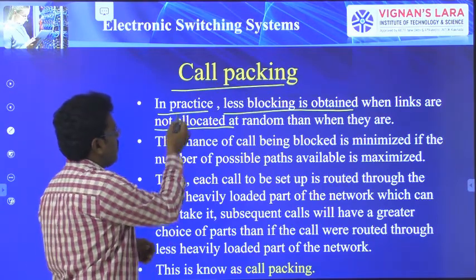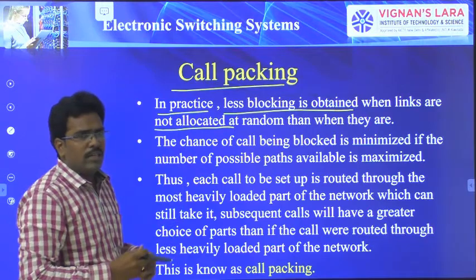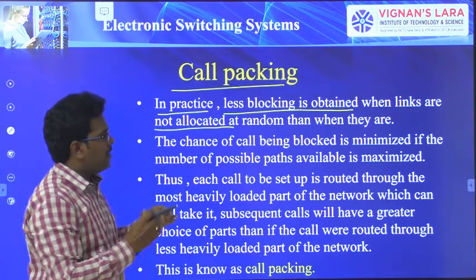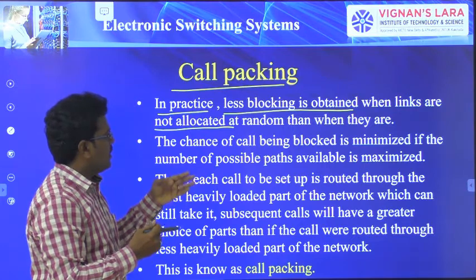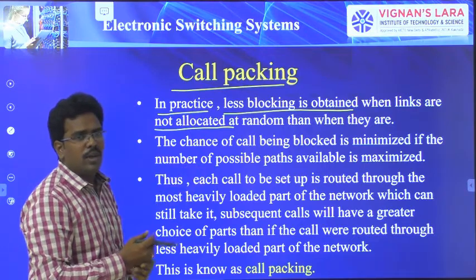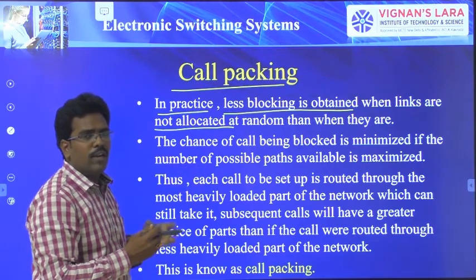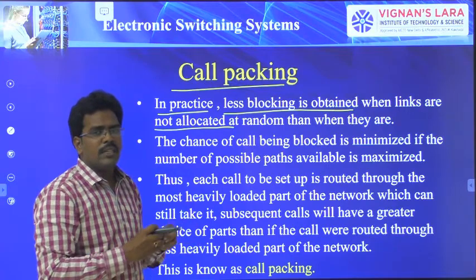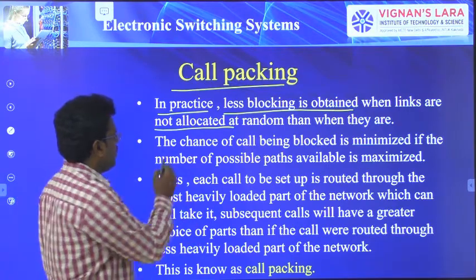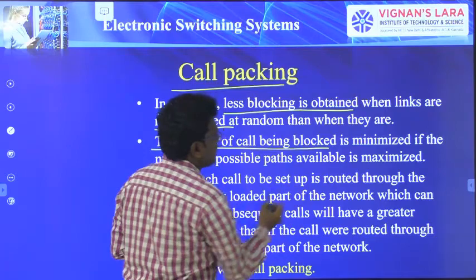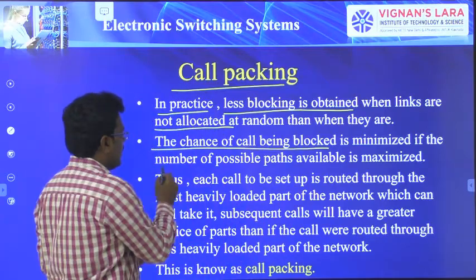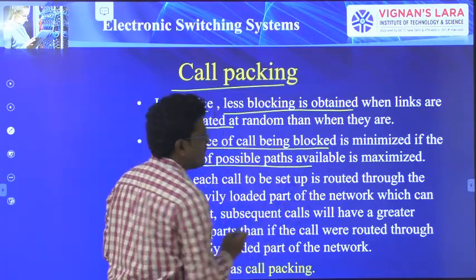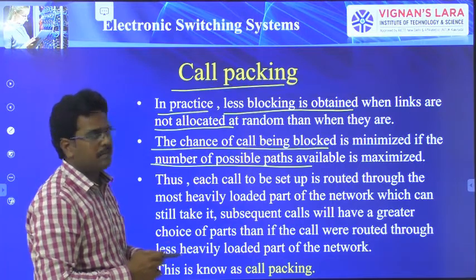Okay. So how to decrease the blocking probability? If you are maximizing the number of available paths or possible paths, then definitely you can minimize the blocking probability. The chance of a call being blocked is minimized if the number of possible paths available is maximized, obviously.